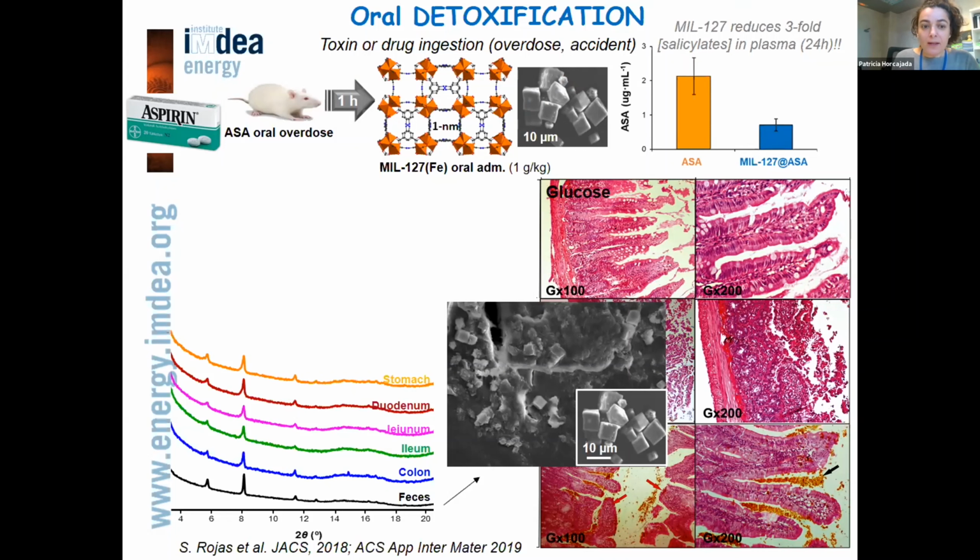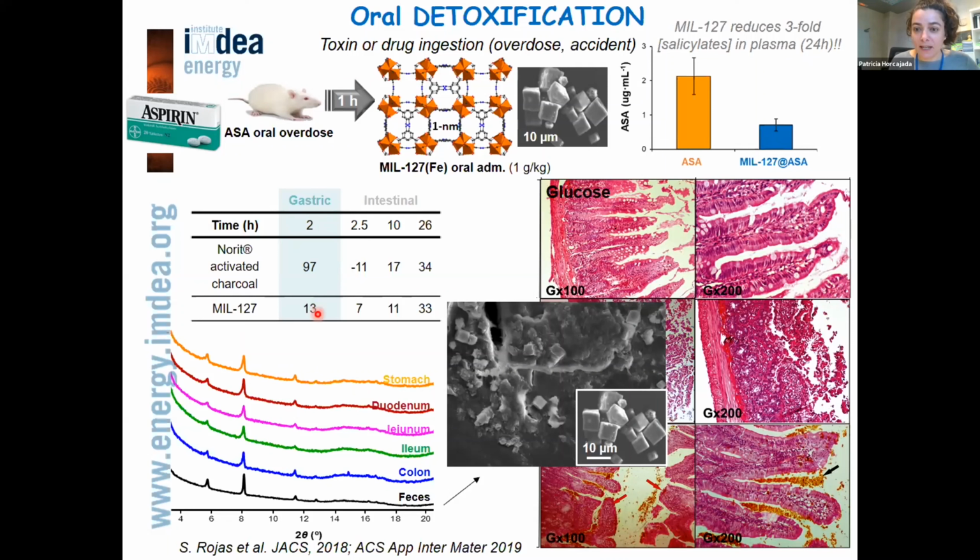So the MOF is also stable along the gastrointestinal tract, and we observe even in the feces the presence of intact particles containing the contaminant. And also, if we compare the performance of the MOF with the commercial activated carbon, we can see that the activated carbon presents higher efficacy under gastric conditions than our MOF.